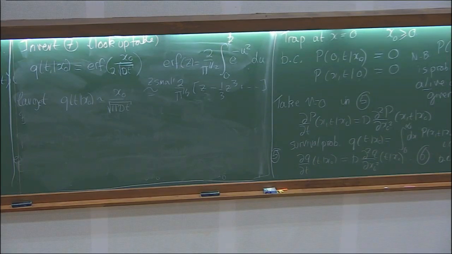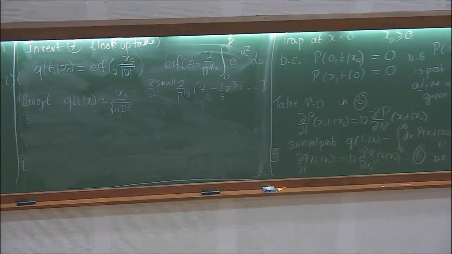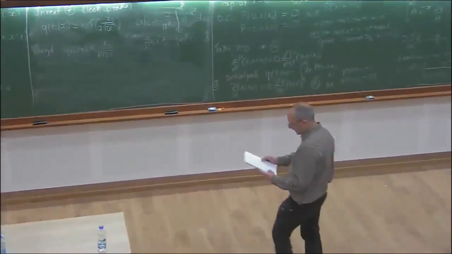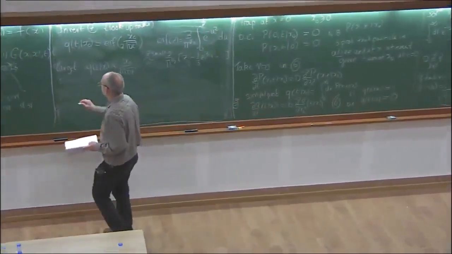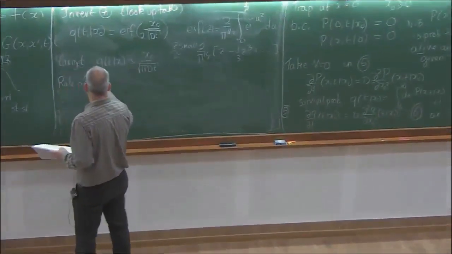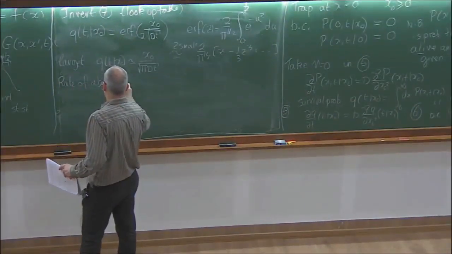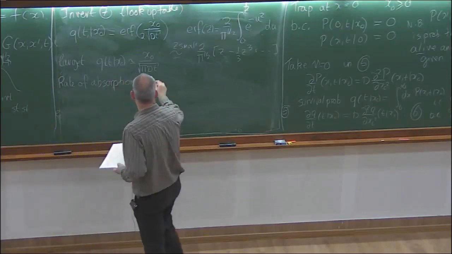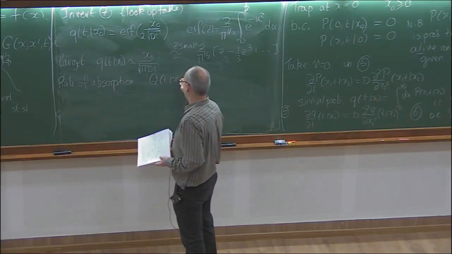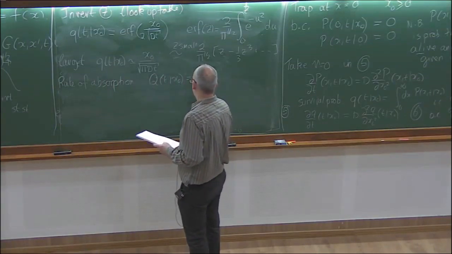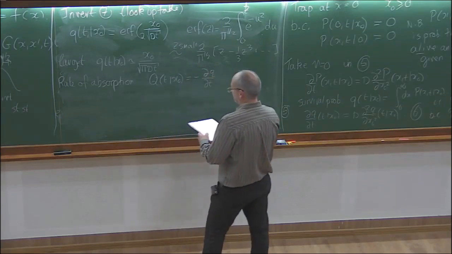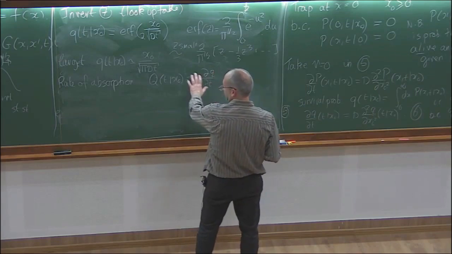How long does it take, on average, for it to be absorbed? So we can get that by noting that the rate of absorption, let me call this capital Q, is actually, now you need to think about this a little bit, minus the derivative of the survival probability.